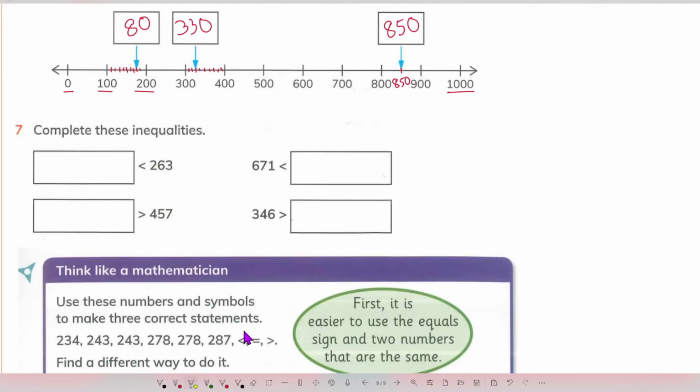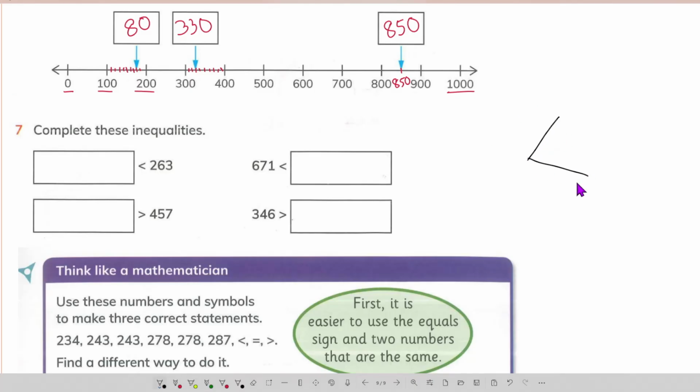Now inequalities. So complete these inequalities. How do we complete this one? Look, one trick.